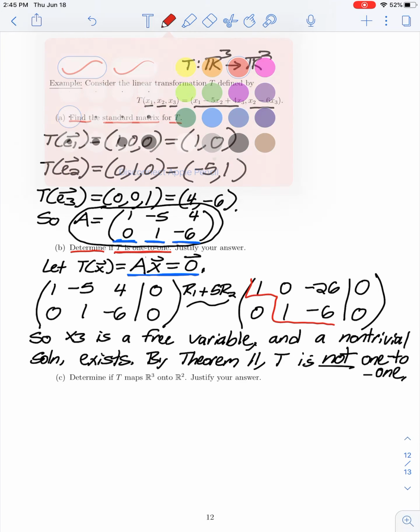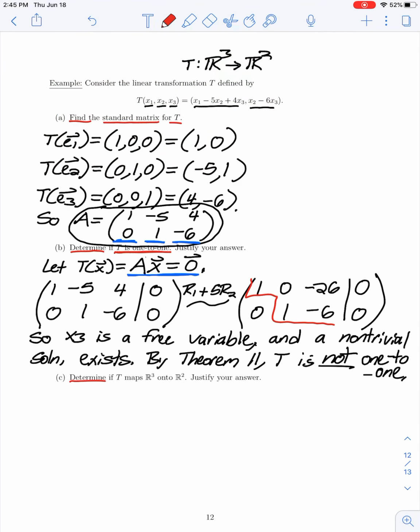Now, in the last part of this example, we are asked to determine whether the transformation T maps R3 onto R2. So is this an onto mapping? So making use of theorem 12, part A, we know that this mapping would be onto if and only if the columns of A span all of R2.